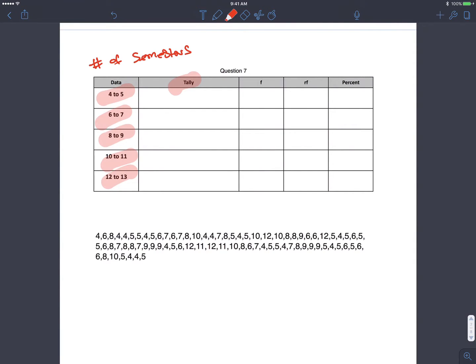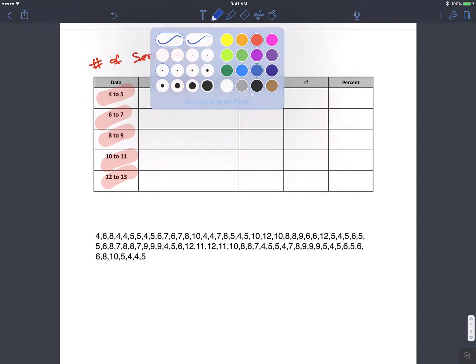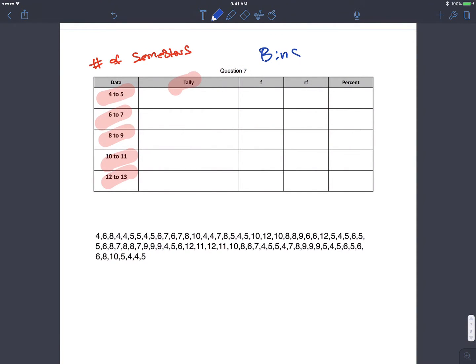We're going to do the same here because notice our data is organized here in bins. That is a big deal. Question 7, data organized in bins. So let's go through this exercise like we did prior. Again, we call these bins or classes or groups. I like the phrase bin.